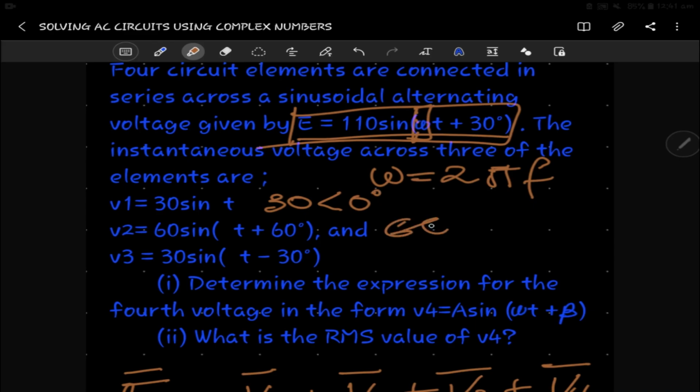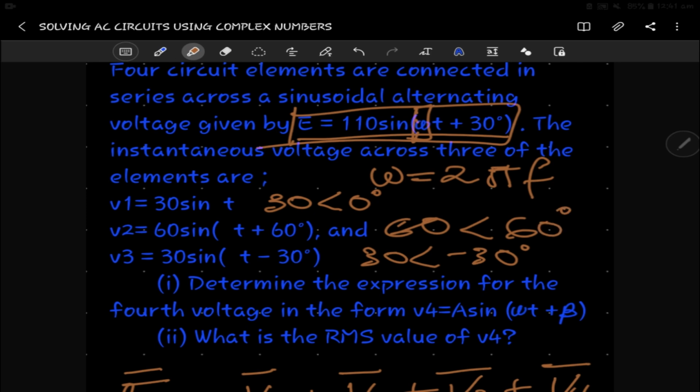The next one has an angle of 60, and the next has a peak of 30 and an angle of minus 30 degrees. These are the ways of representing them in polar form.